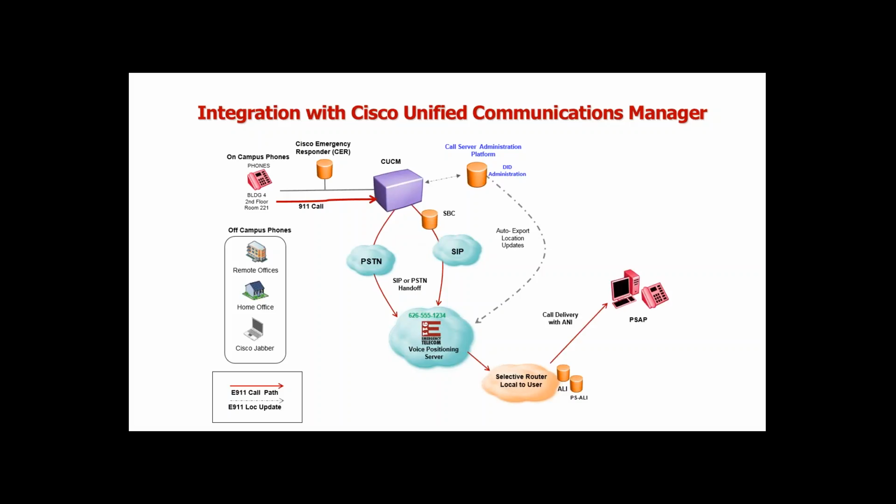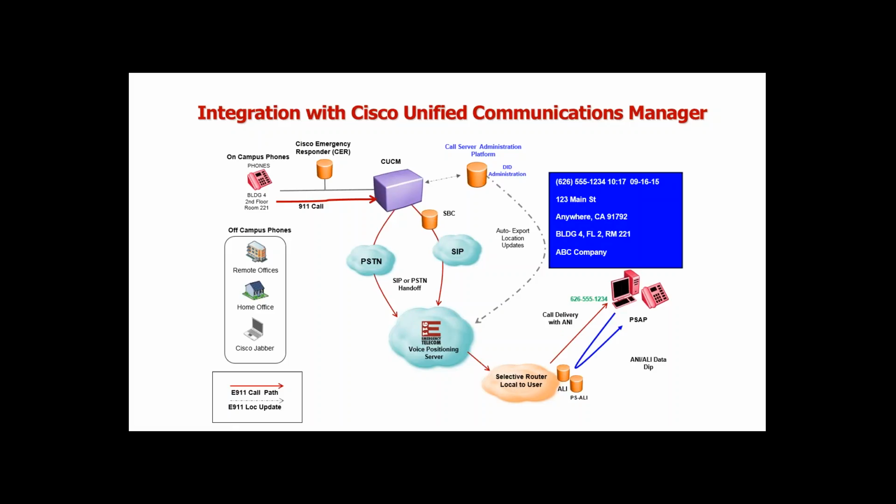That selective router then will send that call to the appropriate PSAP nearest to where the call originated. The PSAP system is going to get that ELIN, the 555-1234 number. They're going to dip into the ALI database, and whatever we populated as to that location is where they're going to respond. So it's actually quite simple, not a whole lot of moving parts.